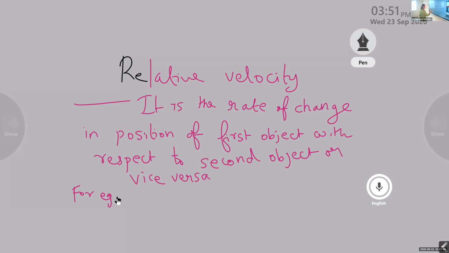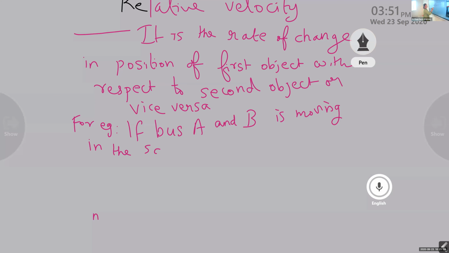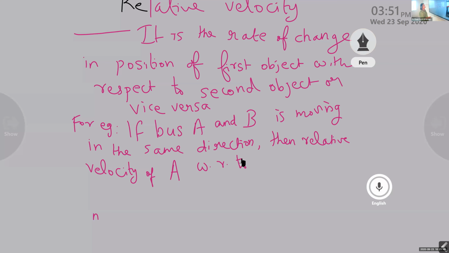For example, if buses A and B are moving in the same direction, then the relative velocity of A with respect to B, VAB, is equal to VA minus VB.